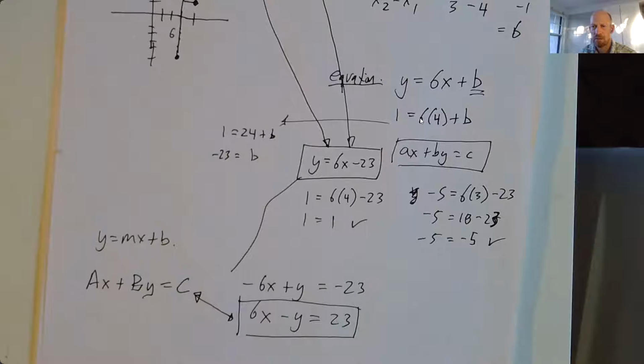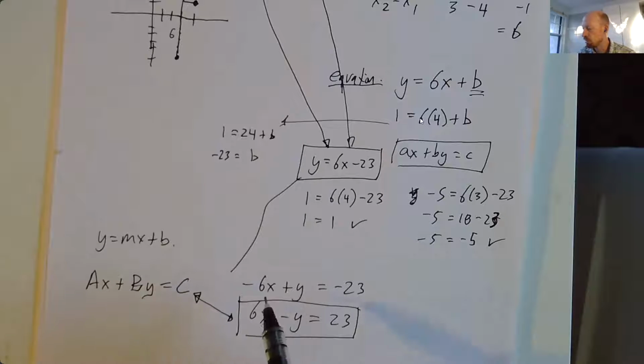Does that help with that problem? So if the slope is a negative, you switch it to a positive? Well, remember, right here, this step is not actually the slope right now because it's not in the y equals mx plus b form.